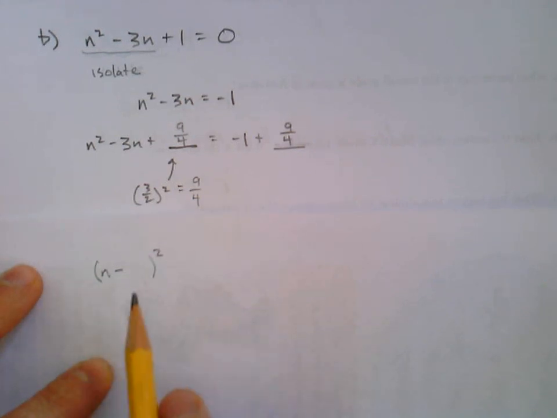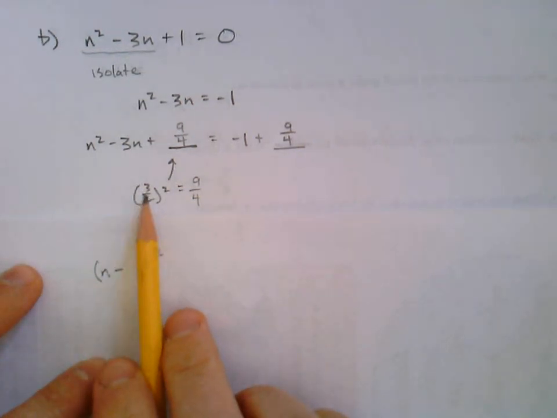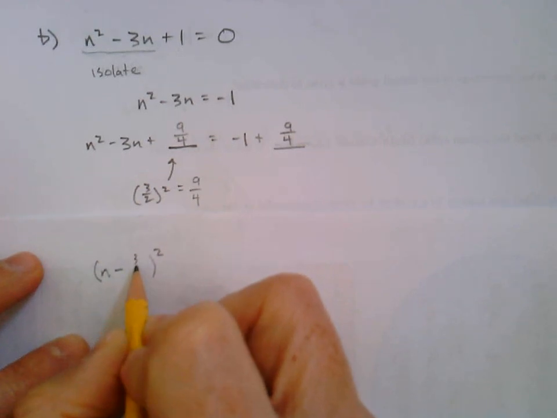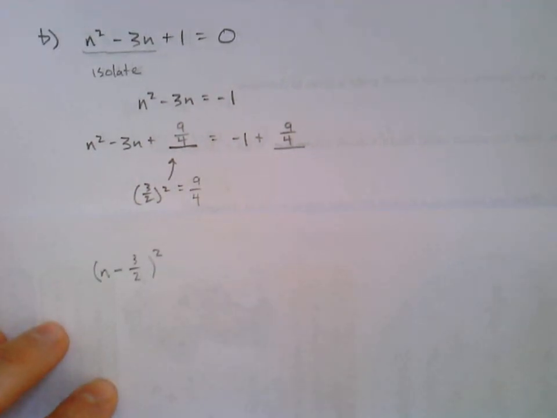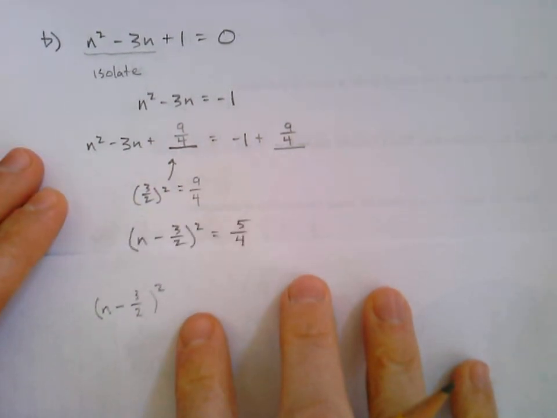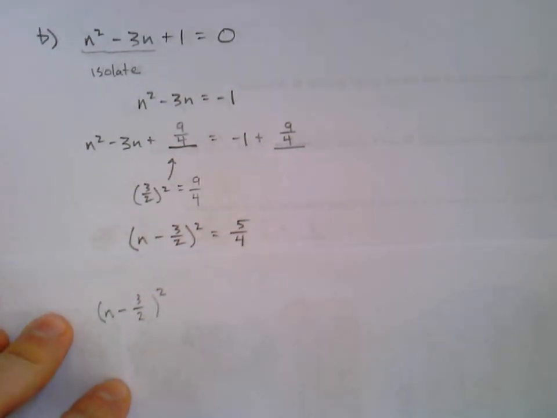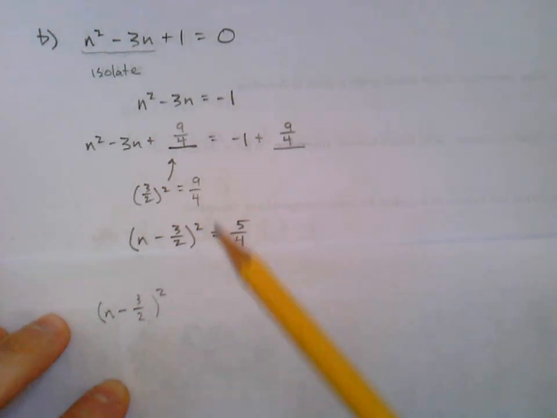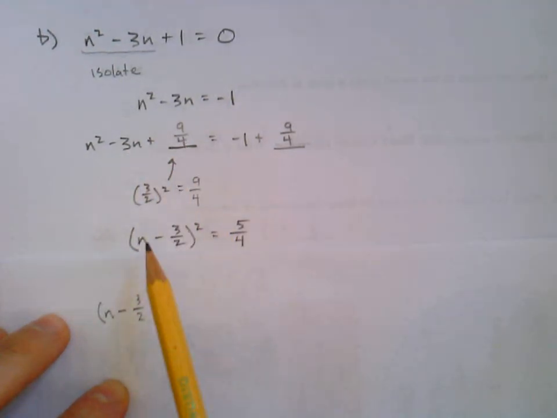And well, it's the pattern, you take the number before it got squared. So 3 over 2 will be our new left side. So that whole thing is going to turn into this, the squared version, the factored version, if you will.